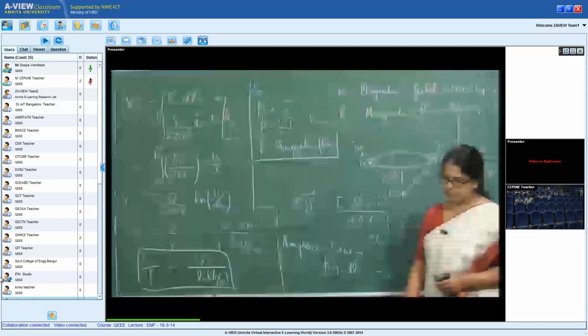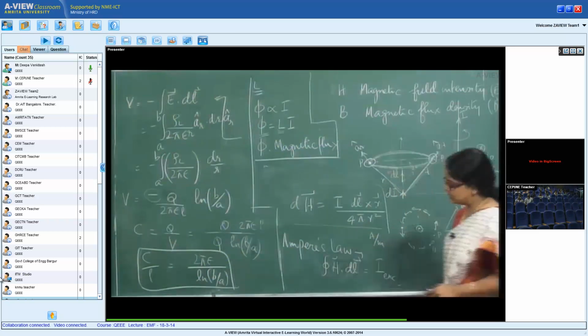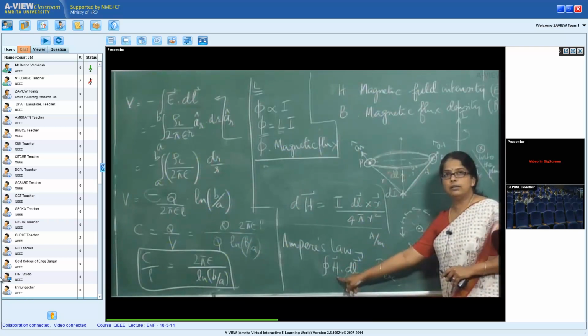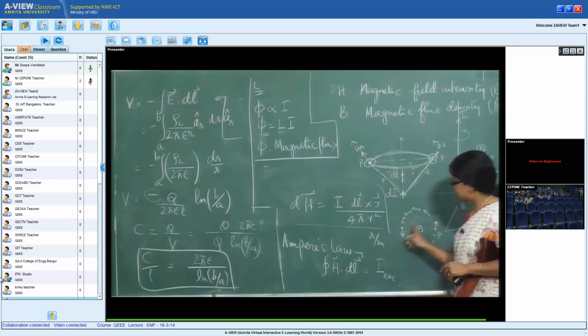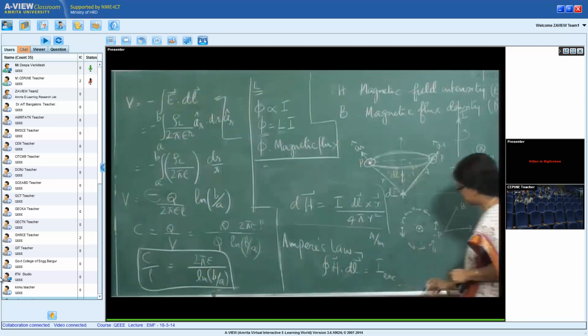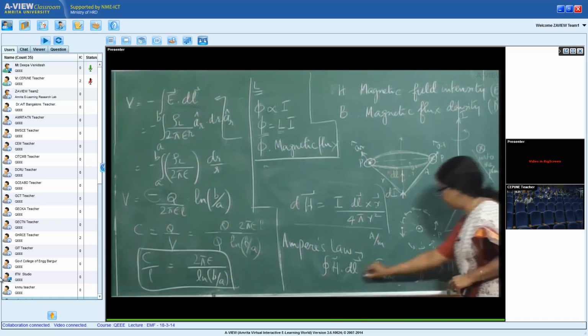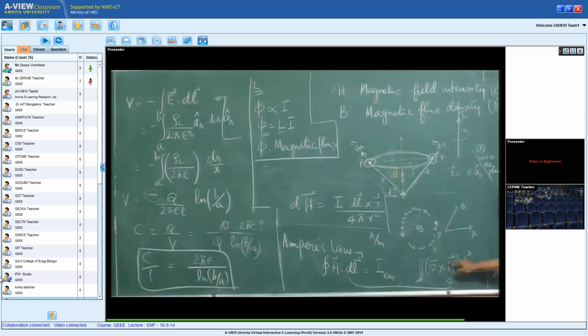That is Ampere's law. Now I can use Stokes' theorem. When we talked about curl, we said that the loop integral of a vector function is nothing but the curl of the vector function integrated as a surface integral.